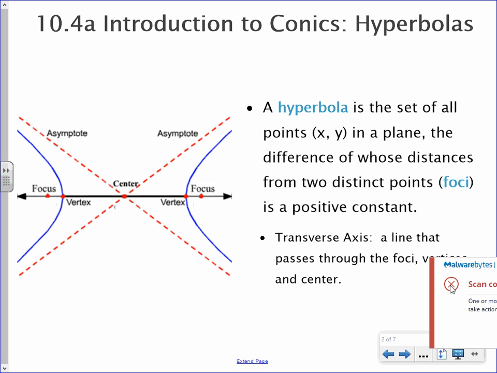When we talk about these asymptotes, I want you to remember, do you remember point slope form for a line? You've heard people say it, point slope form? Maybe? Okay.